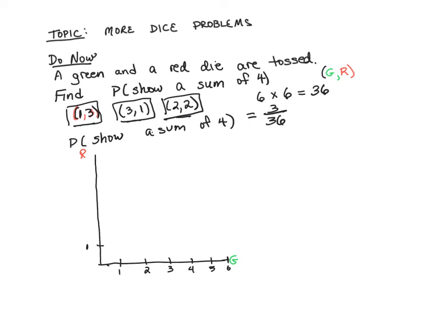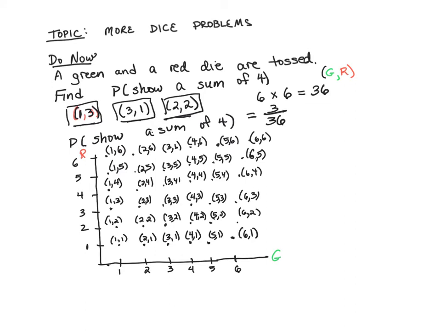And 1, 2, 3, 4, 5, 6. Okay, so I'm going to put dots at every point, and this outcome would represent 1 on the green, 1 on the red. This one would be 2 on the green, 1 on the red. This would be 3 on the green, 1 on the red, and 4, 1, 5, 1, and finally 6, 1. So I'd like you to fill in the outcome set. Pause and let's fill this in quickly.